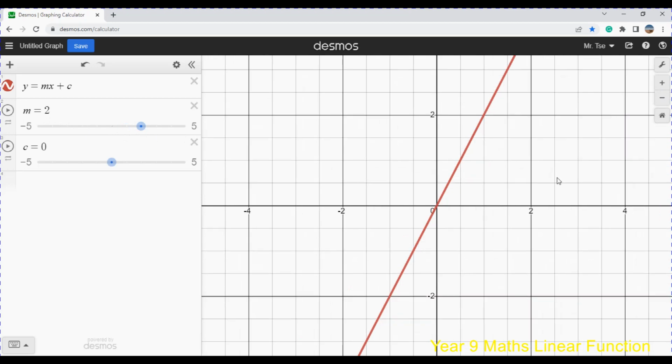So let's zoom out a little bit, and you can see this time, from this point, you go to the right by 1 unit. So the run is 1 unit, and then you go up by 2 units, to here.